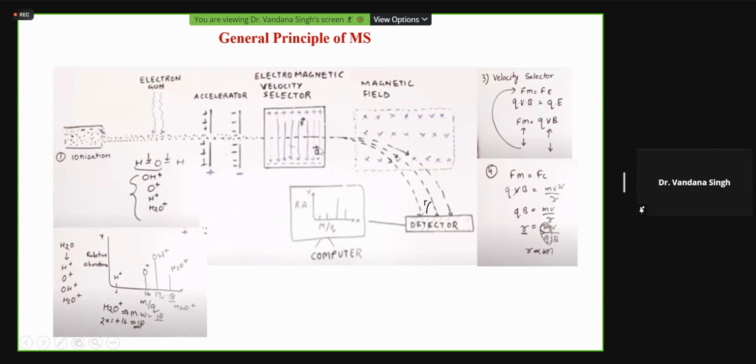It means this r means the deflection or the angle at which, due to this centripetal force, these charged particles are getting deflected and reaching the detector, and this angle is actually proportional to the mass by charge ratio. And generally the ionization is single ionization, so the charge also remains constant, so it's proportional to the mass of the molecule, mass of either the molecular ion or fragment ion.